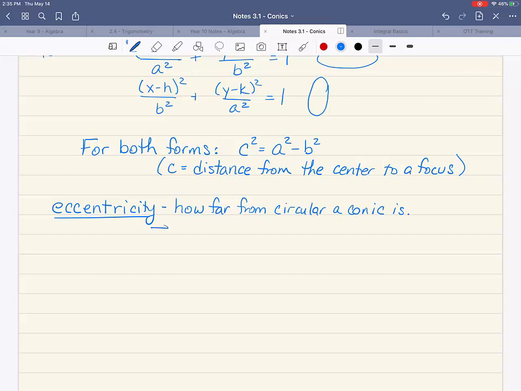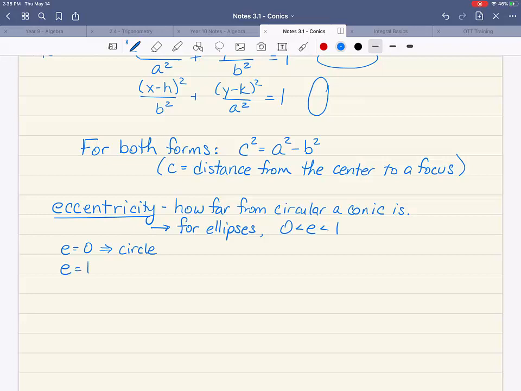So we will talk about eccentricity with all of the other conics, and I will briefly mention 3 of those 4 today. So for ellipses, the eccentricity, which is denoted by the letter e, is between 0 and 1. When e is equal to 0, you have a circle because it is perfectly circular.